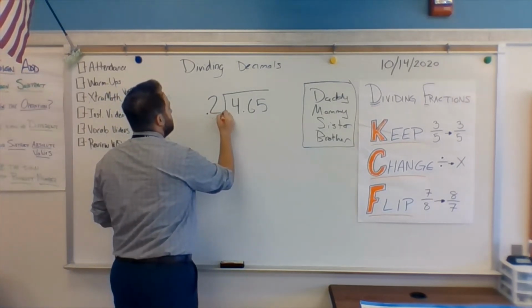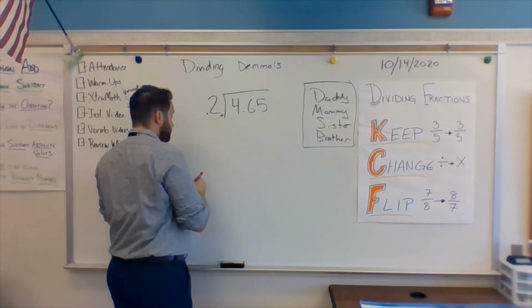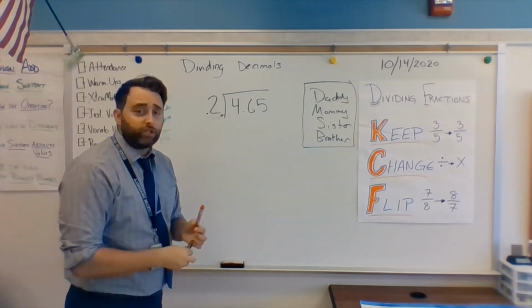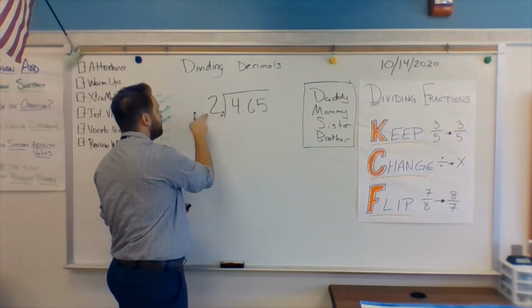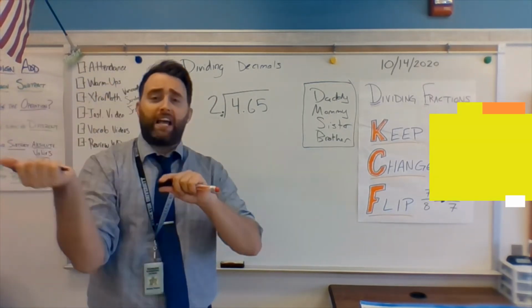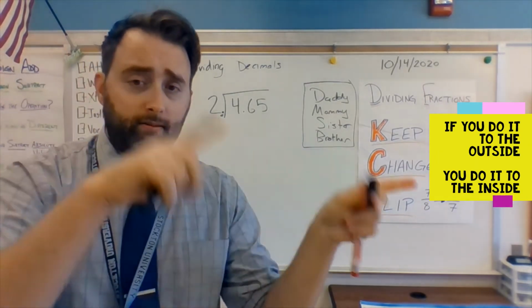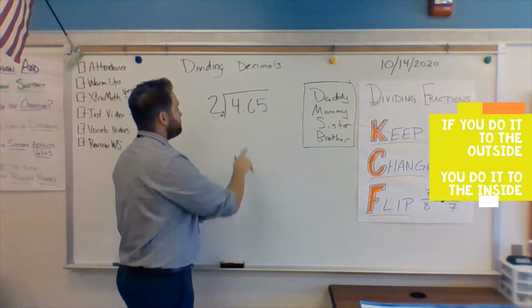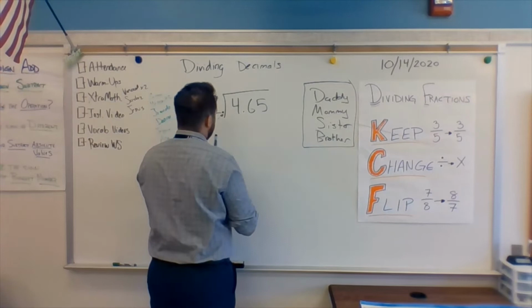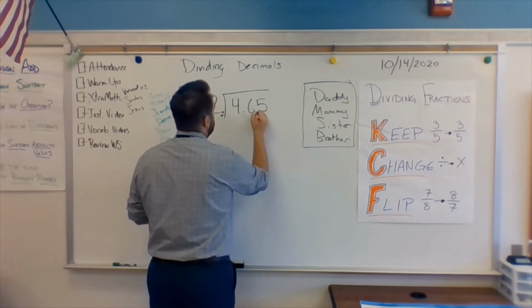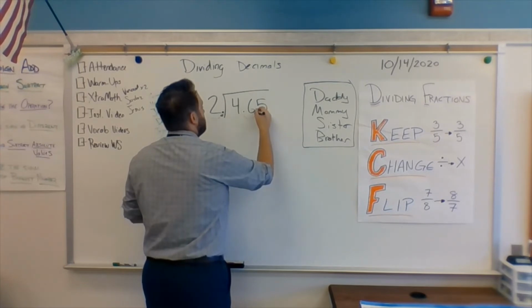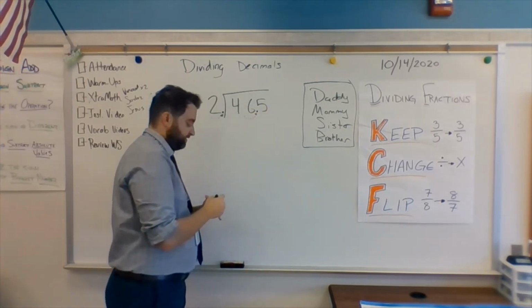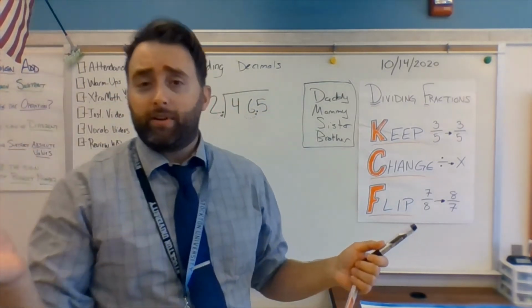According to what I just said, the decimal needs to be right up against the division house. But if you do it to the outside, you have to do it to the inside. So this decimal has to get moved to here. Now, let's do some division.